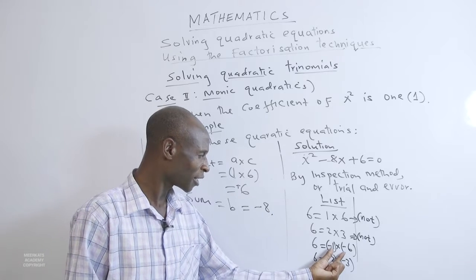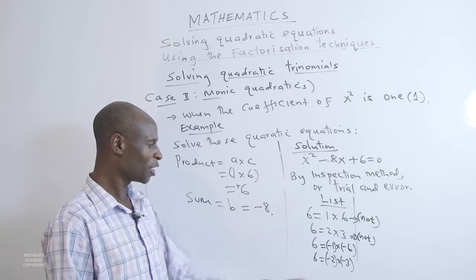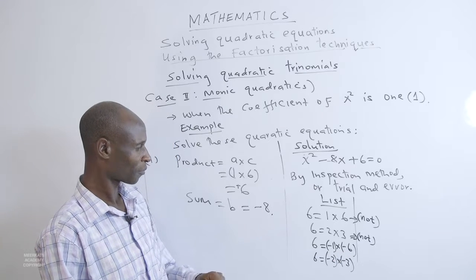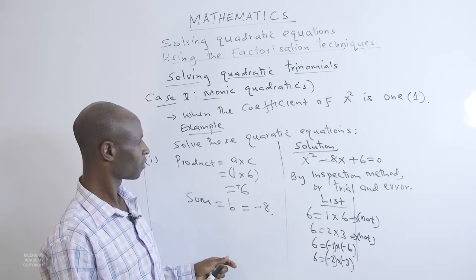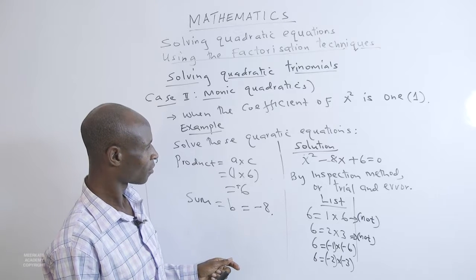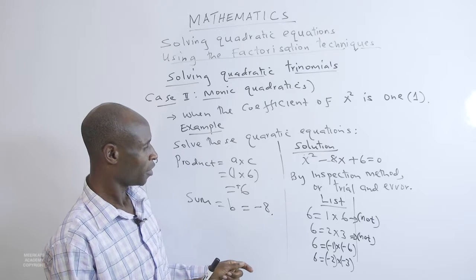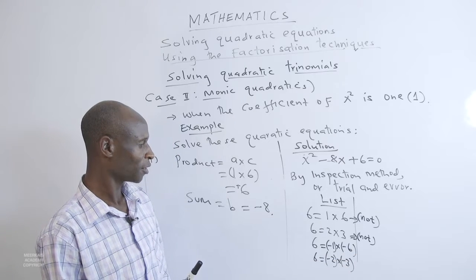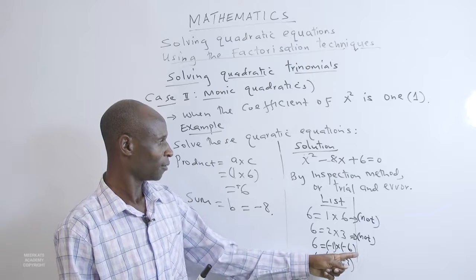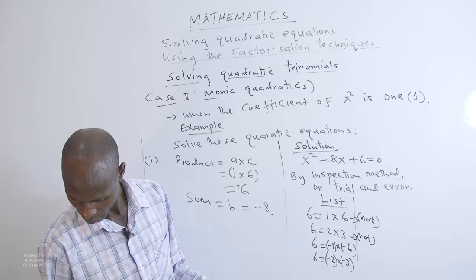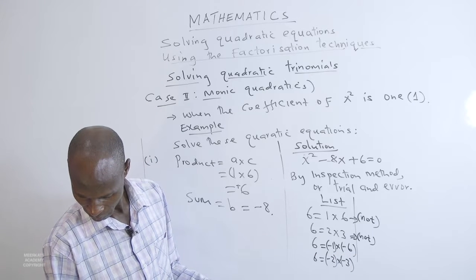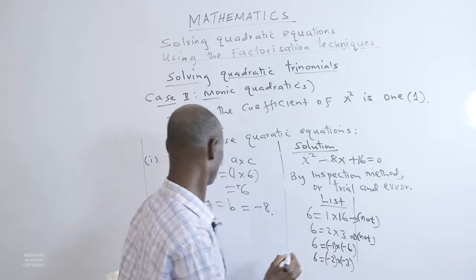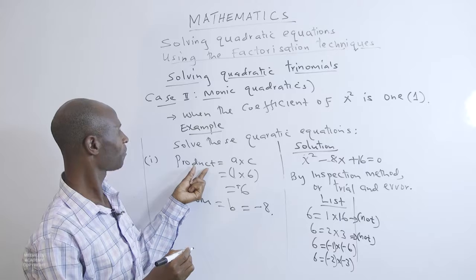When we reach the third factor, which is -1 and -6, if we add, we again don't get... sorry, it's 16, not 6. So we need to correct this.